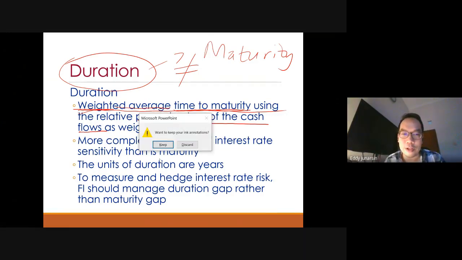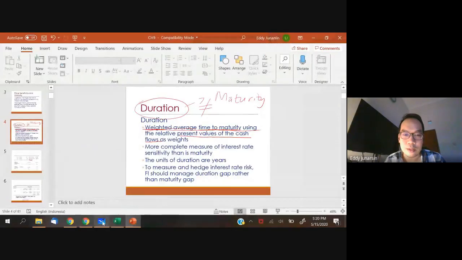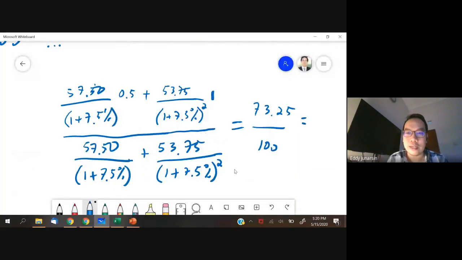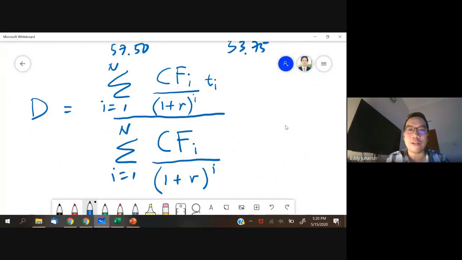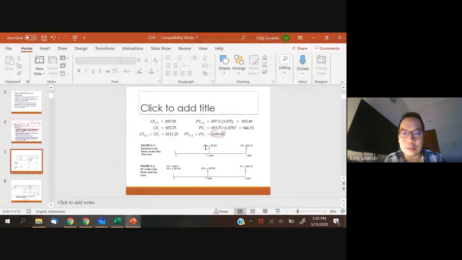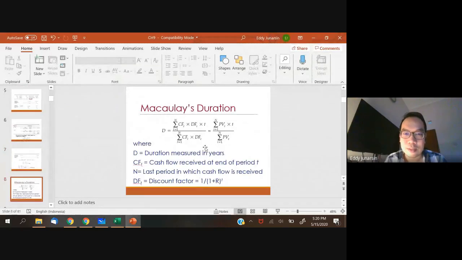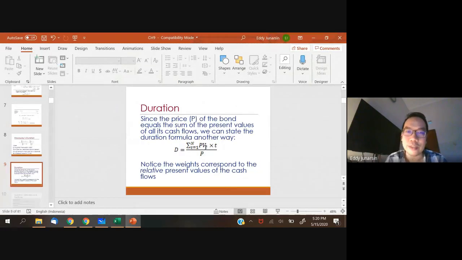If you see the formula again, the weights are the present values of cash flows. So this is the weighted average time to maturity with the present values of cash flows being the weights. We'll call it duration.